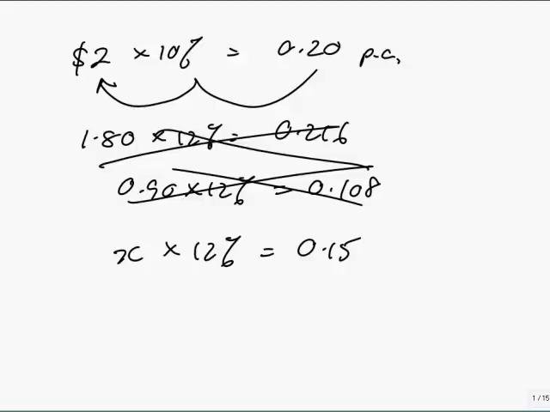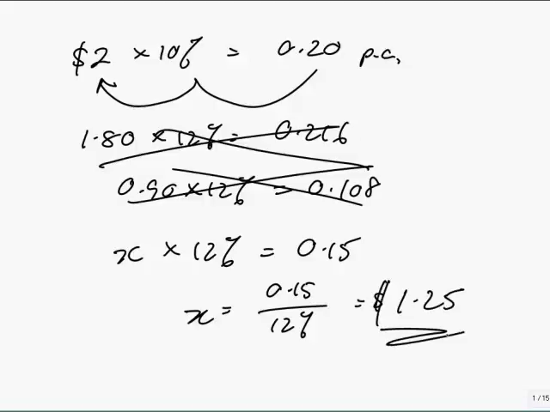And so surely the amount you'd need to invest would be 0.15 divided by 0.12, which is $1.25. If you put $1.25 in the bank and the interest was 12%, you would get 15 cents a year. In theory, therefore, you'd be prepared to pay $1.25 for this share.